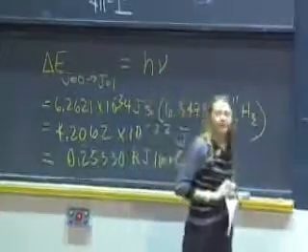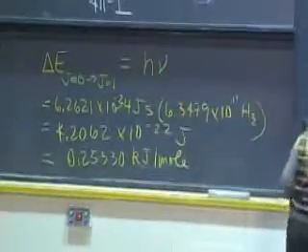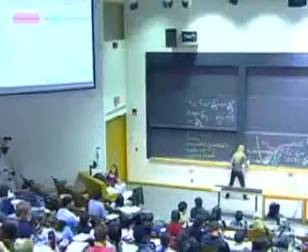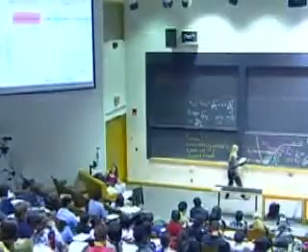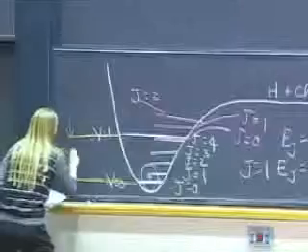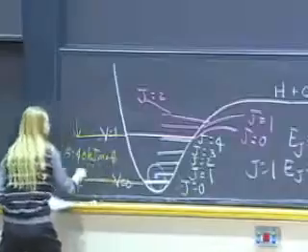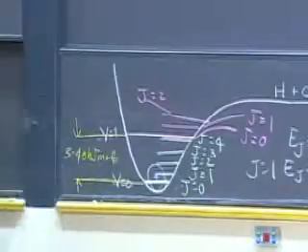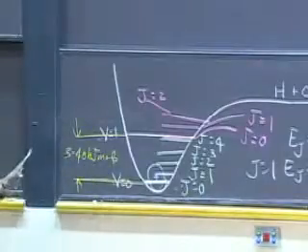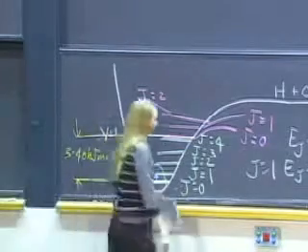Okay? In general, the energy difference for vibration, we said, is something between 3 to 40 kilojoules per mole. Right? That's the difference between V equals 0 and V equals 1 generally for a large range of molecules.